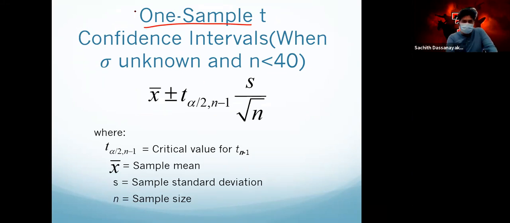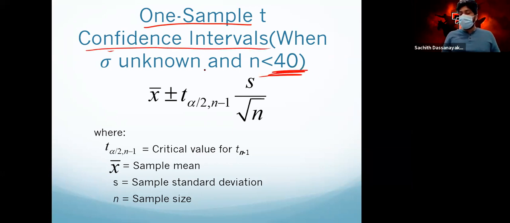That's why the first one is one sample test. Okay, so confidence interval, n less than 40, sigma unknown. Whenever sigma is unknown, simply you can use s.